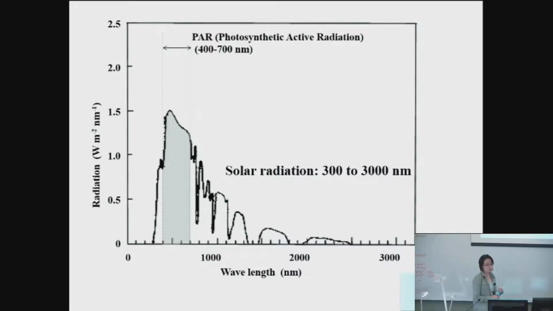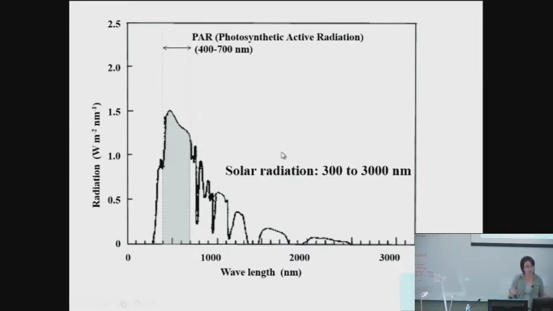So 300 to 3,000 nanometers is the rough range of solar radiation. Some people use 280 to 2,500 nanometers or 2,800 nanometers, depending on the accuracy of the sensor and the atmospheric conditions where they are measuring, such as high or low elevation. It affects the edges, but it's minor.